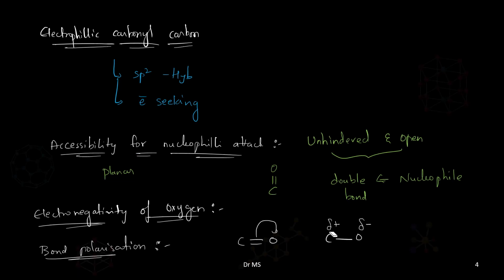So this conversion of the neutral charges into partially positive and negative charges over the bond in the carbonyl group is called polarization. This polarization makes the carbon atom partially positive and it is very susceptible to nucleophilic attack.